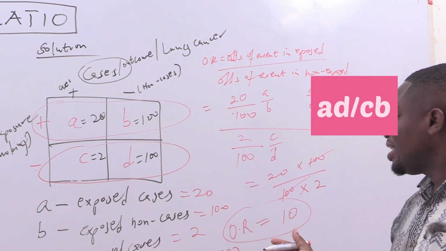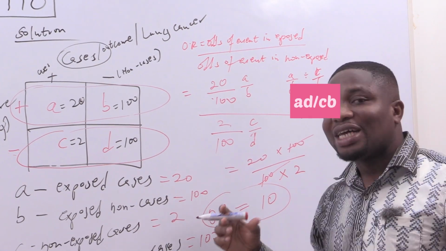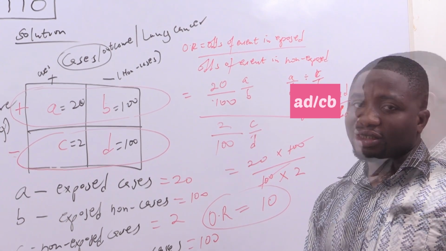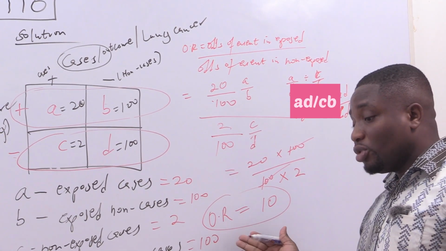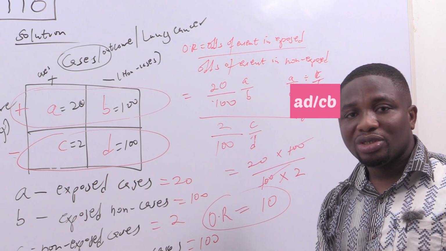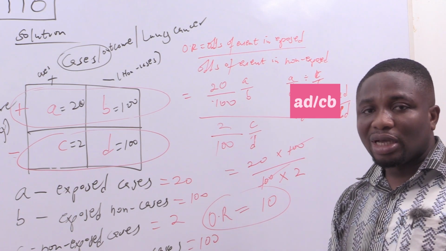We'll interpret it by saying that smoking is associated with higher odds of lung cancer. Or another way we can put it is that smoking, which is the exposure, is associated with what? Higher odds of lung cancer, which is the outcome.